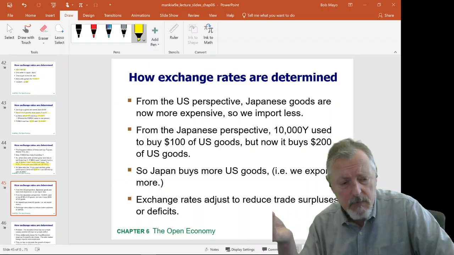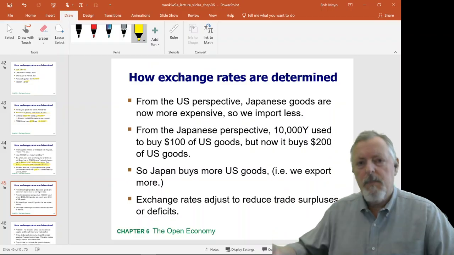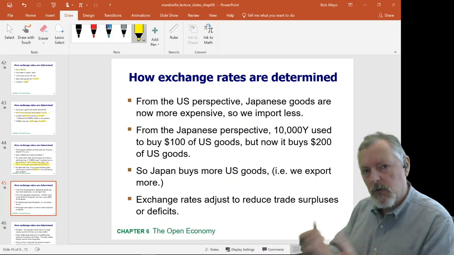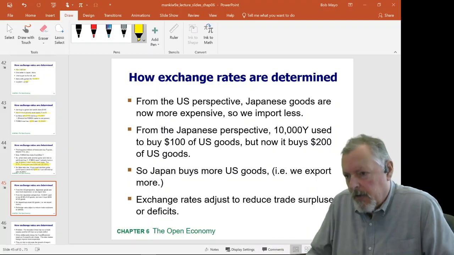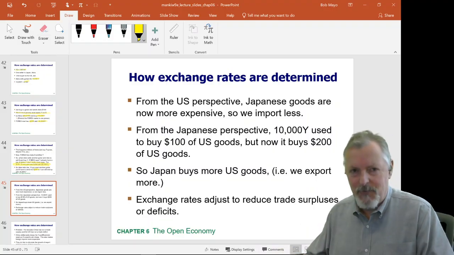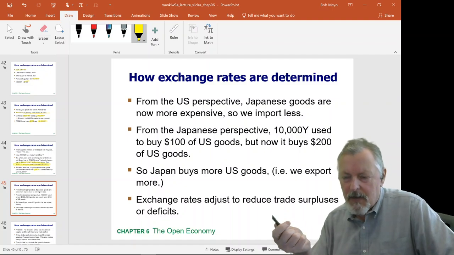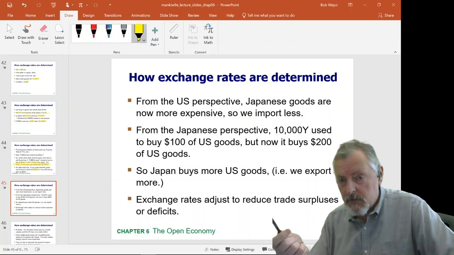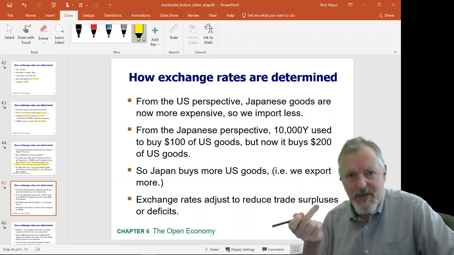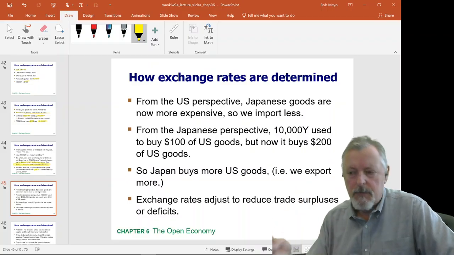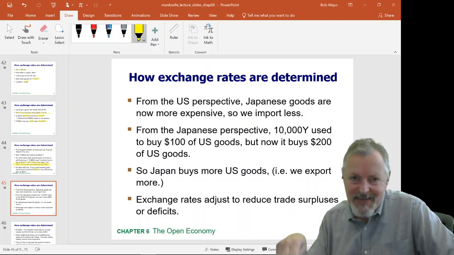The dollar's weaker. Well, now, as the U.S. seller of guitars, I want $100. I don't care how many yen are involved. But now you can get $100 with only 5,000 yen. It takes fewer yen to get the same number of dollars.